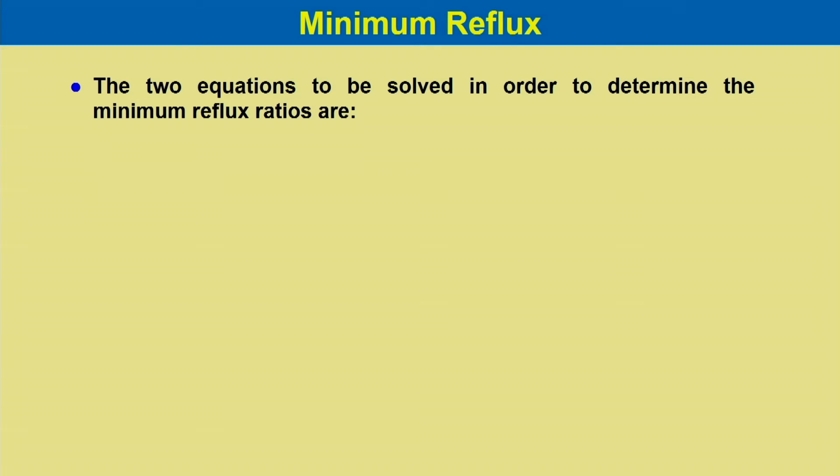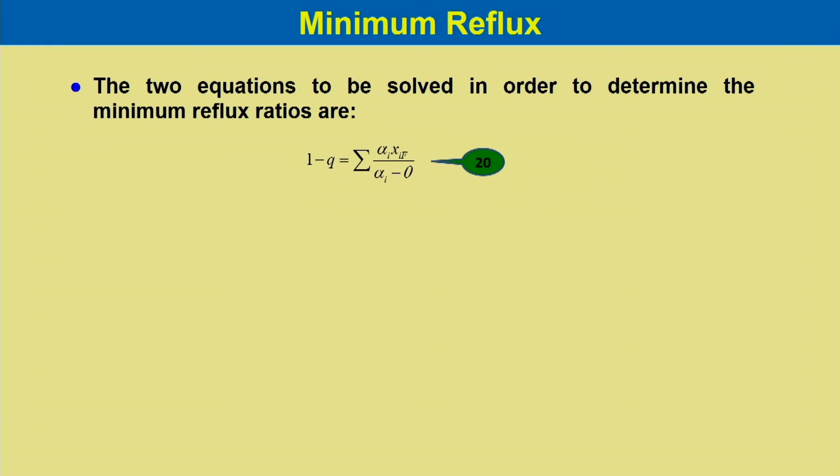The two equations to be solved in order to determine the minimum reflux ratio are given below. 1 minus q is equal to summation over alpha i x_if divided by alpha i minus theta.